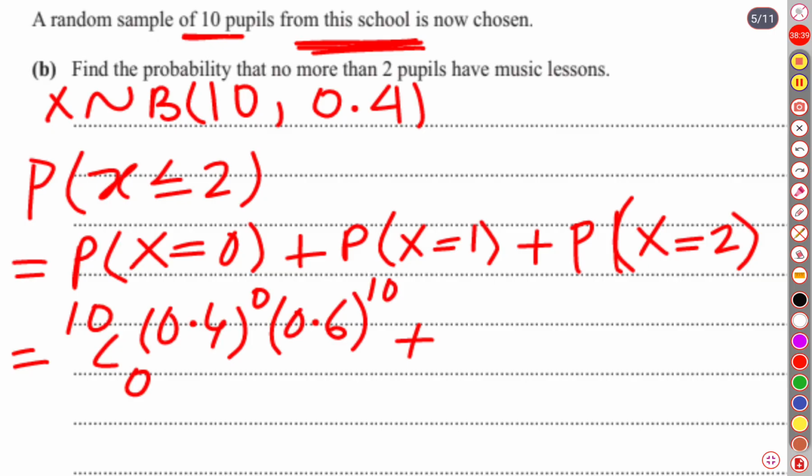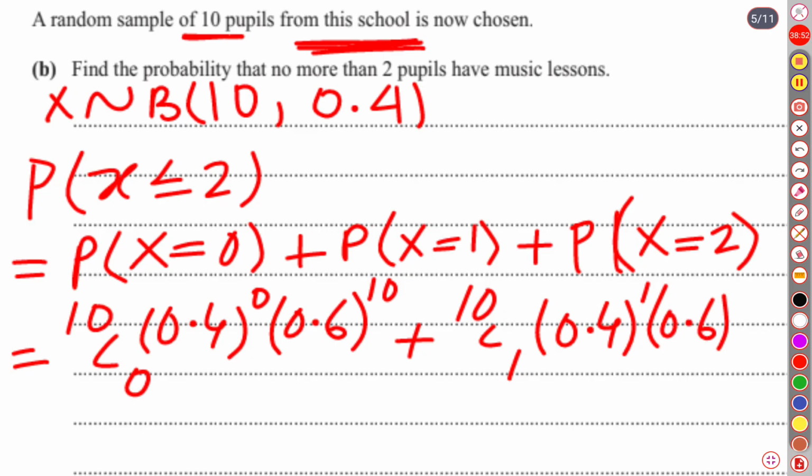When there is only one, out of 10 only one student chose music class, with probability 0.4, and the rest of the nine students didn't choose music class.